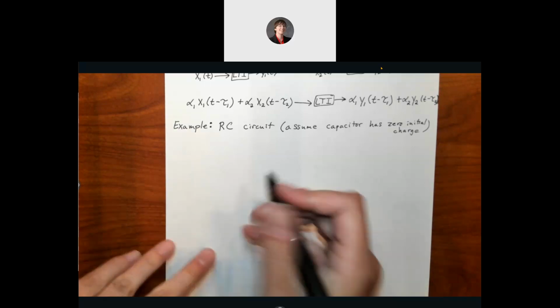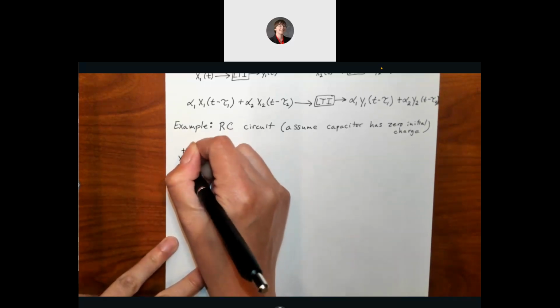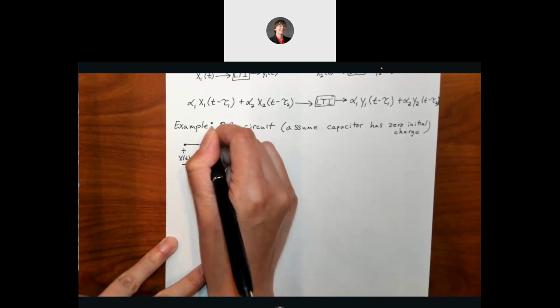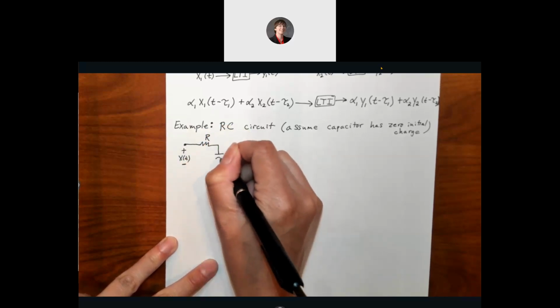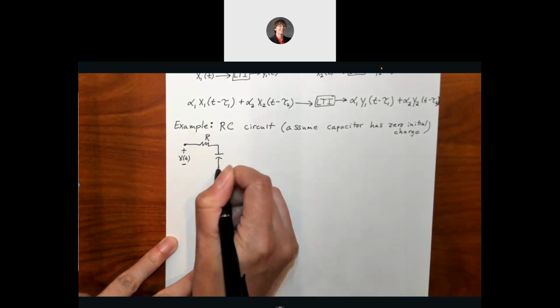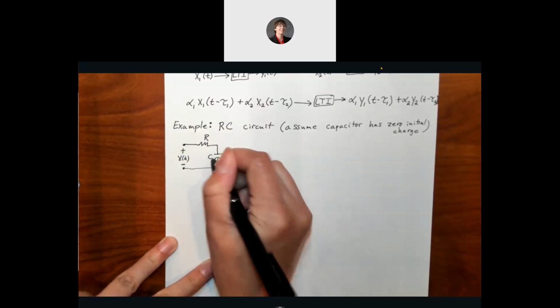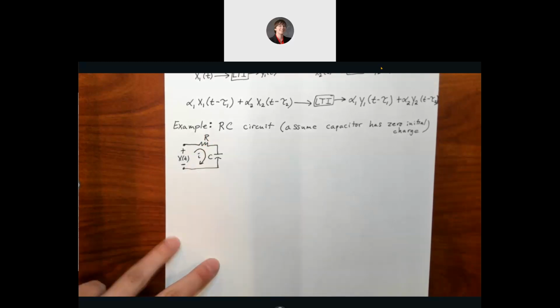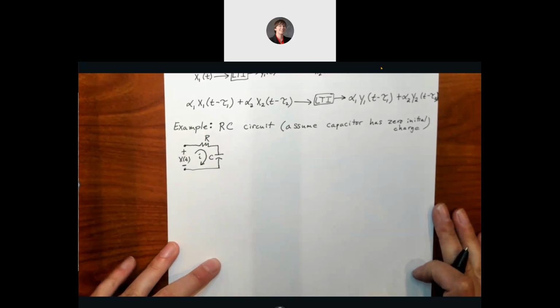So I'm going to sketch my RC circuit here. So we have a resistor, we have a capacitor. My current is going to be going through this circuit like that.